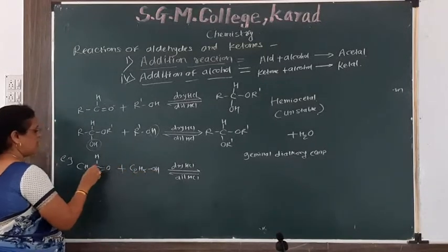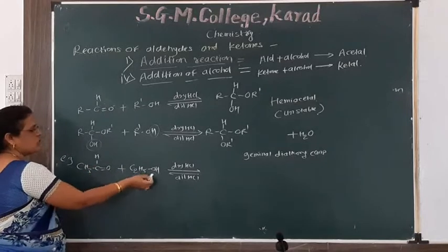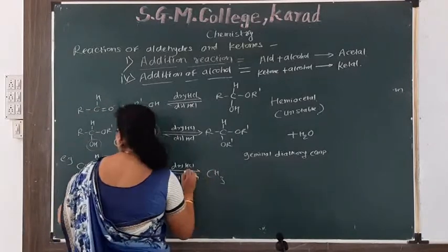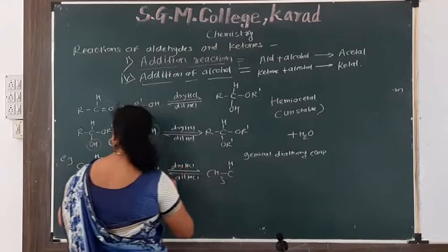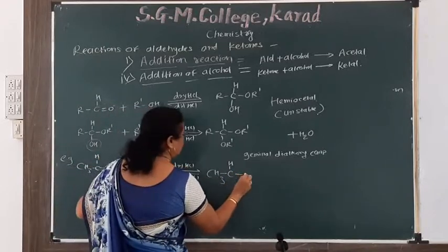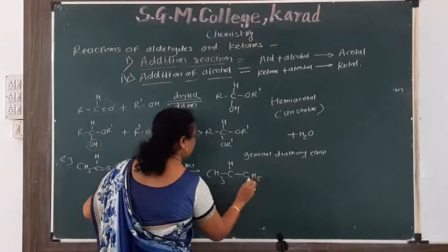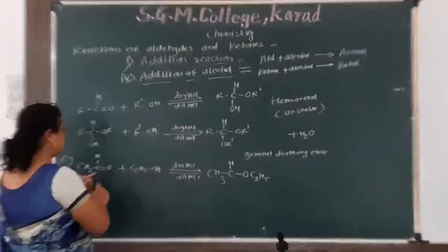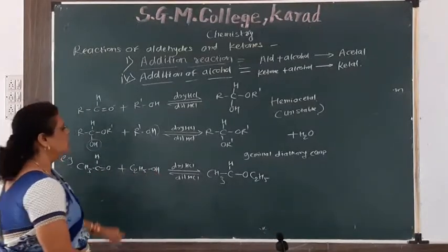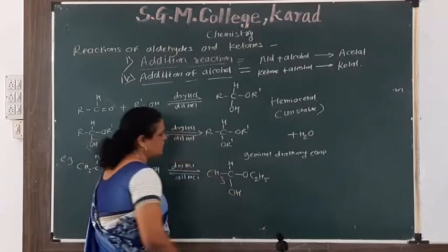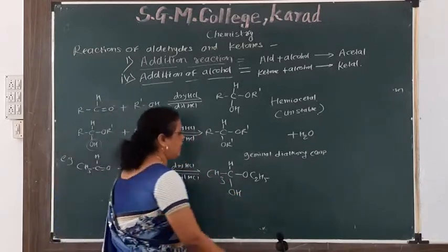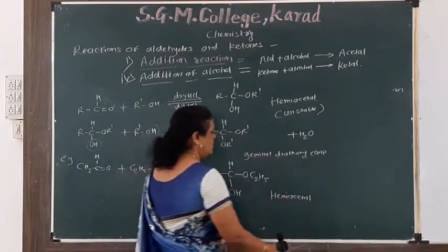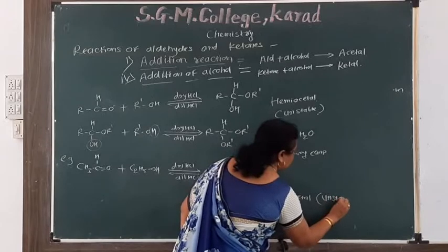This OH group is attached to the carbon atom and this OC2H5 group is attached to this carbon atom. Then we get a product, that is CH3CH, with OC2H5 and OH. This is known as hemiacetal. This product is an unstable product.